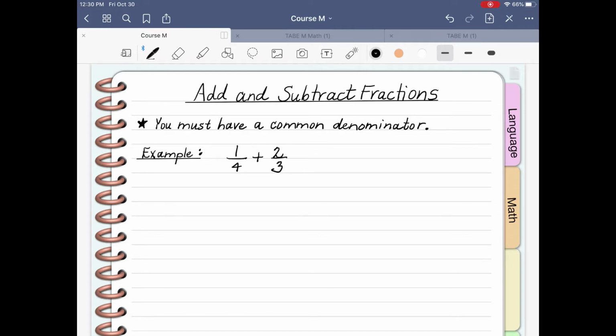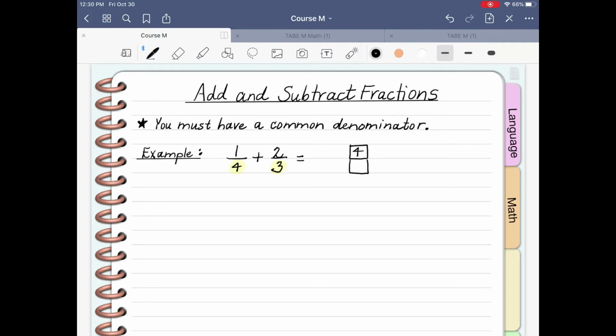Now if you have the calculator, you can go to the calculator and do this problem. If you do not have a calculator, the first thing we have to do is get a common denominator. My denominators are 4 and 3. They are not common. So this is where that process comes into play that we did.